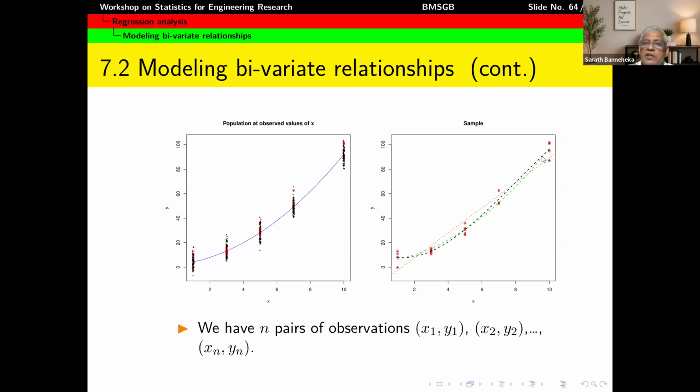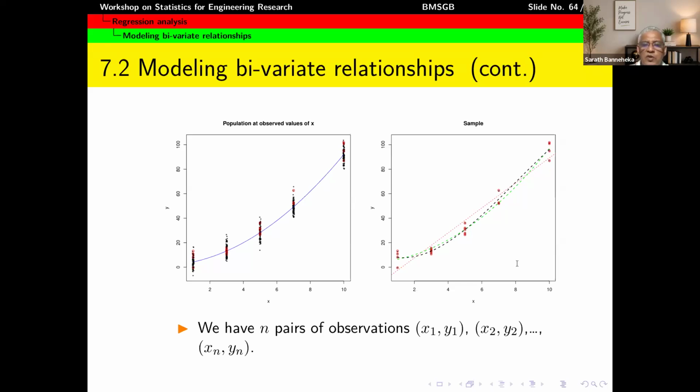Or one might think that it's like this black dashed curve, a cubic function. So a person might guess several possible models for the population regression line based on the sample.